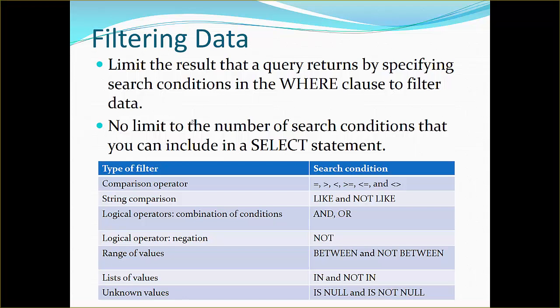We will see the use of all these types of filter as we go on in this class. But just know that the where clause is used in conjunction with any of these operators to be able to restrict the results that are returned by your query.